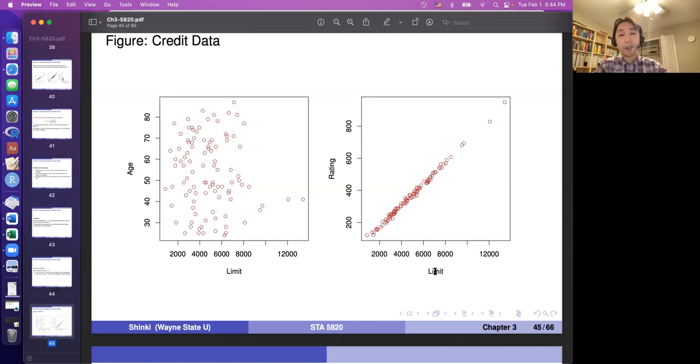But you can see the credit limit and the credit rating have almost correlation 1. The higher the rating is, the larger the amount credit card companies allow you to use. So the correlation is very high, probably more than 0.99.